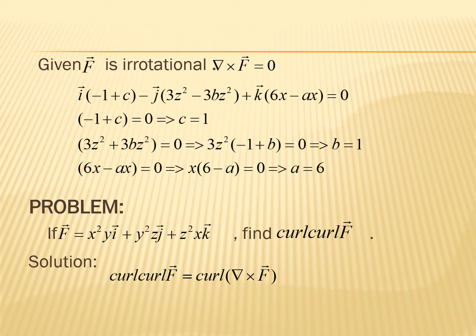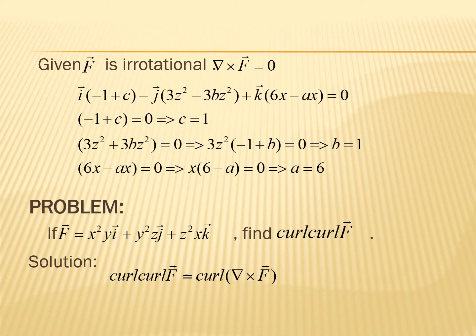Irrotational is given, so del cross F vector equals 0. So each term, the i vector, j vector and k vector, I am equating to 0. When I am considering the i vector, minus 1 plus c is the coefficient, so equating to 0, I am getting c equal to 1. For the j vector, the coefficient is 3z² minus 3bz², and outside I am having the minus sign, so altogether it will become positive.